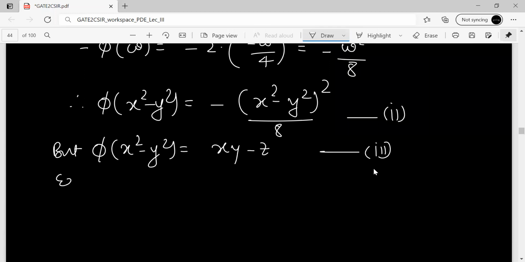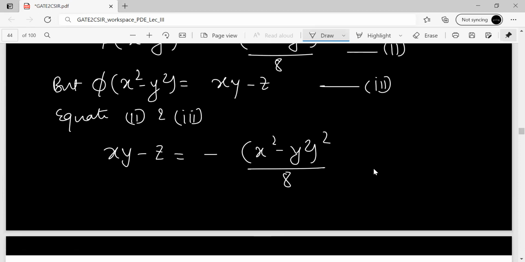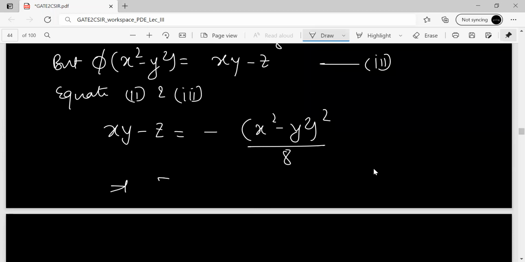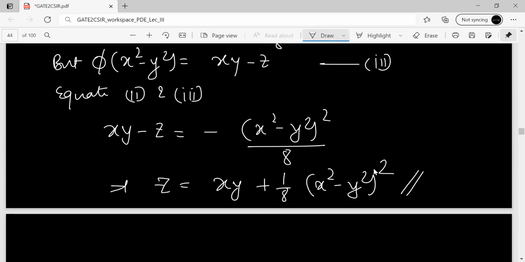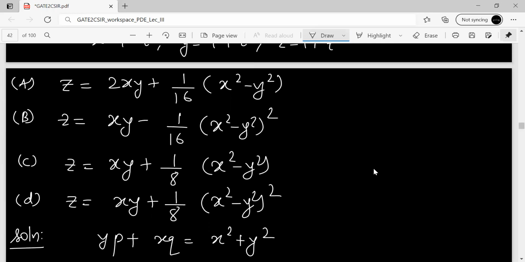So just equate 2 and 3. And see, nicely you get xy minus z equals minus of x square minus y square whole square upon 8. So from here, just substitute in the form of z, so it will be xy plus 1 upon 8 times x square minus y square whole square. So D is the correct option.